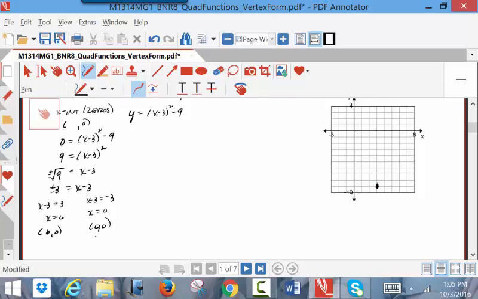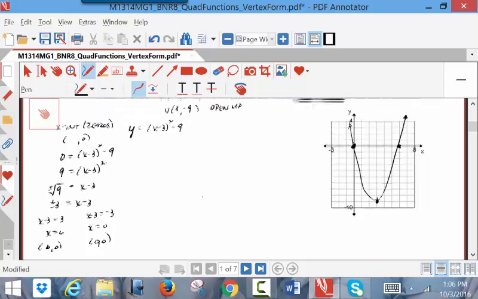So going to my graph, I'm going through the origin on my graph paper, and I'm going through the point 6, 0, which will now give me a really good understanding of kind of how wide this parabola is. It's going to look something like this. Okay, that's a really good sketch of your parabola.